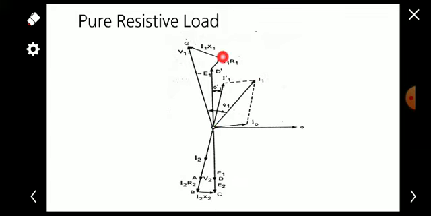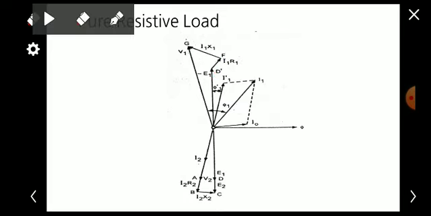We will draw I1 into R1 with a small amplitude here, and from that we can draw I1 into X1 at 90 degrees from I1 into R1, because I1 into X1 is the voltage drop across the inductance X1. Likewise, as in the case of the secondary, here also we draw I1 into X1 at exactly 90 degrees with the I1 into R1 line.